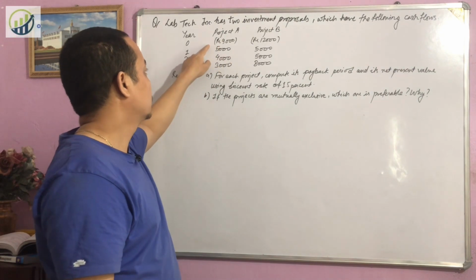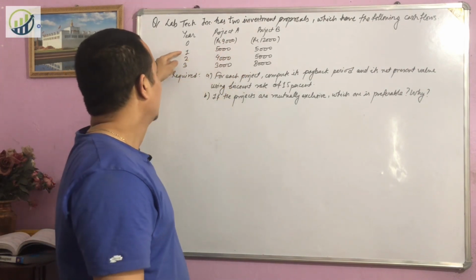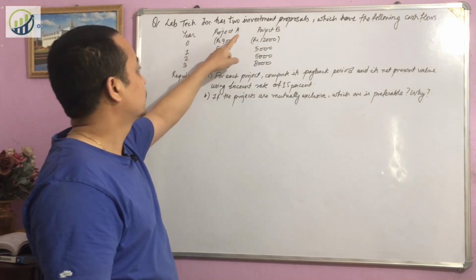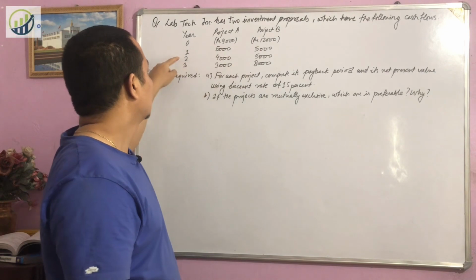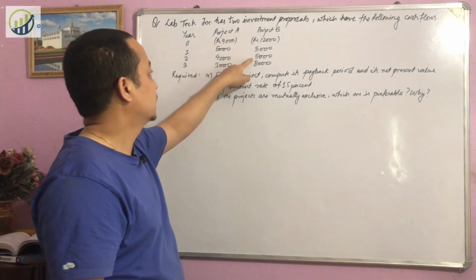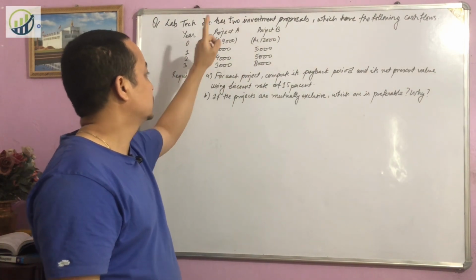So both projects have different initial investment. For year 1, project A has 5,000 and project B again 5,000. For year 2, project A has 4,000 and project B has 5,000. Year 3, project A has 3,000 and project B has 8,000.